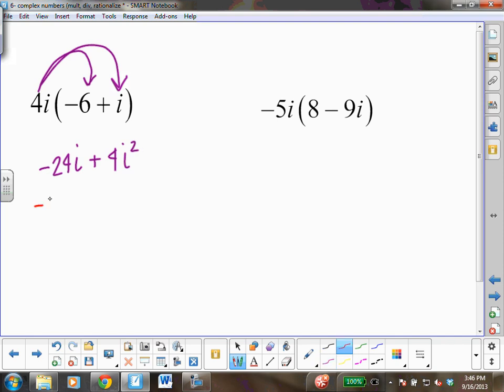But unlike operations with variables, we have some more simplifying to do, because i squared is technically negative 1. You should never leave an i squared in a problem. So this is negative 24i minus 4.